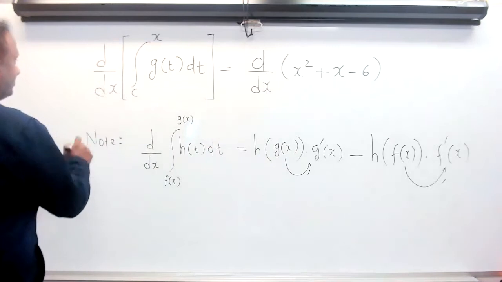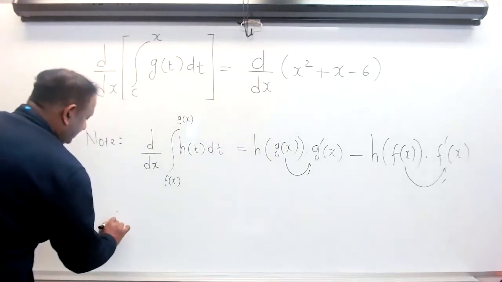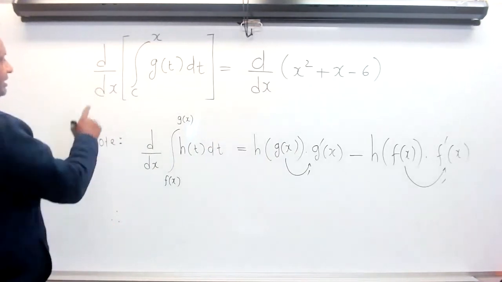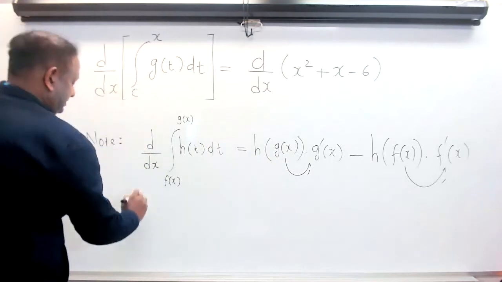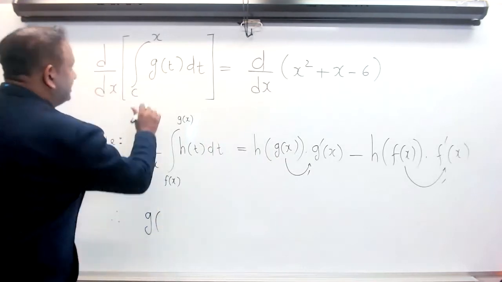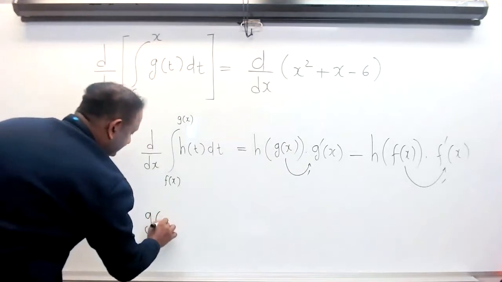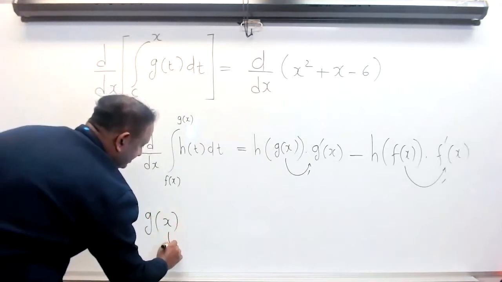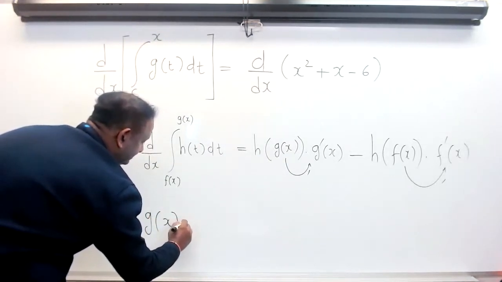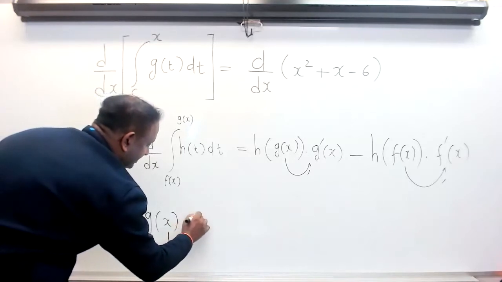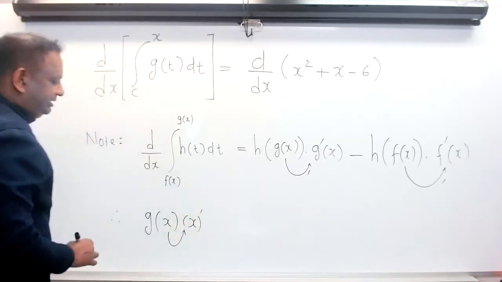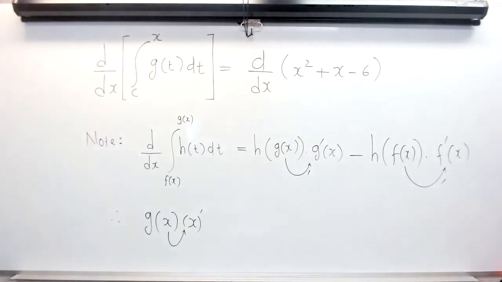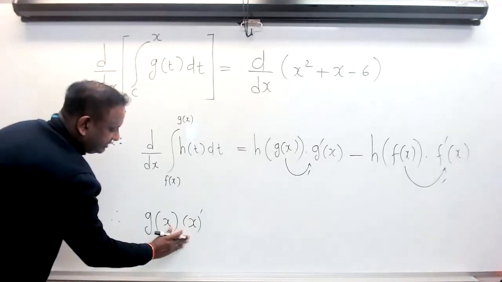So therefore, in our case, look at g: t should be replaced by x, and multiplied by the derivative of x. I'm going to write it like that for your convenience.